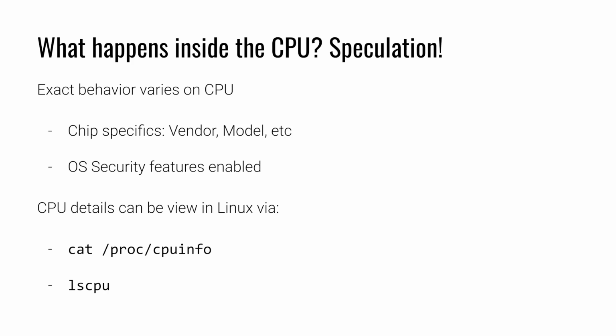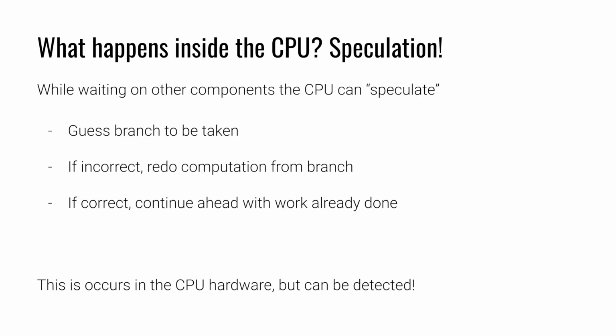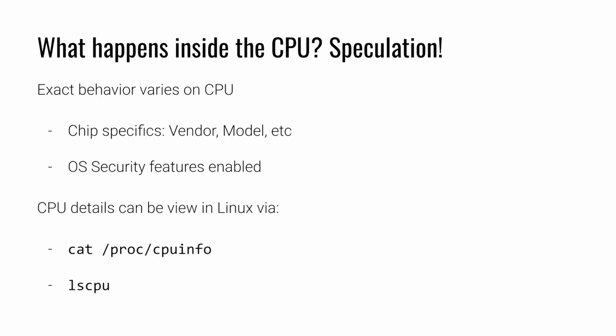Additionally, there are OS security features that may enable or disable different speculation features or different caching features or ways that the cache layer is being used. And so you can see different behavior in this lower level below assembly based upon these factors.